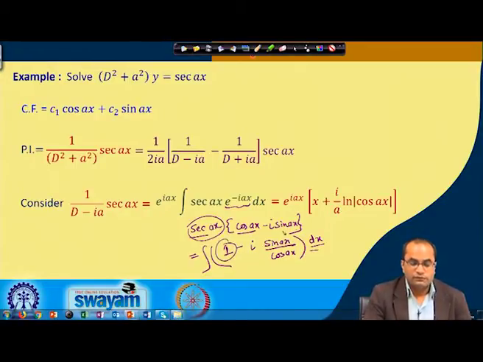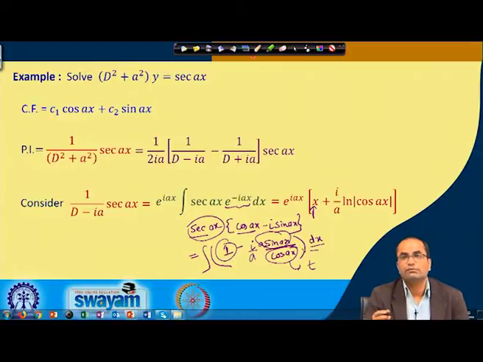So, this 1 will give x, the integral of this, and then cos ax will be substituted as t, and then sin ax is there. So, we need an a there. We have exactly a sin ax, the derivative of cos ax, with a minus sign, because cos ax gives minus sin ax when we take the derivative.